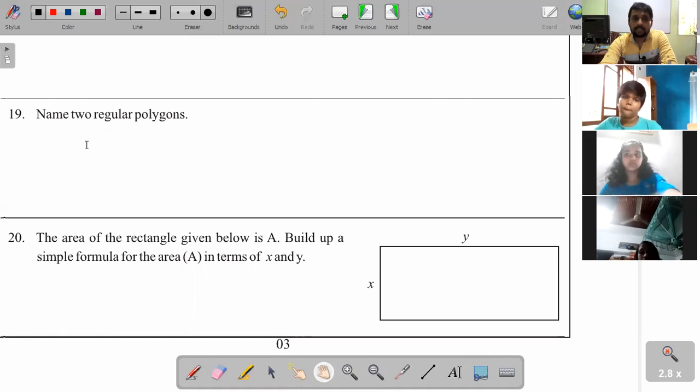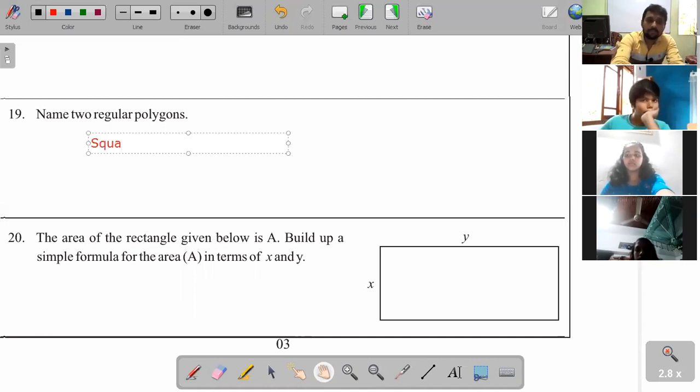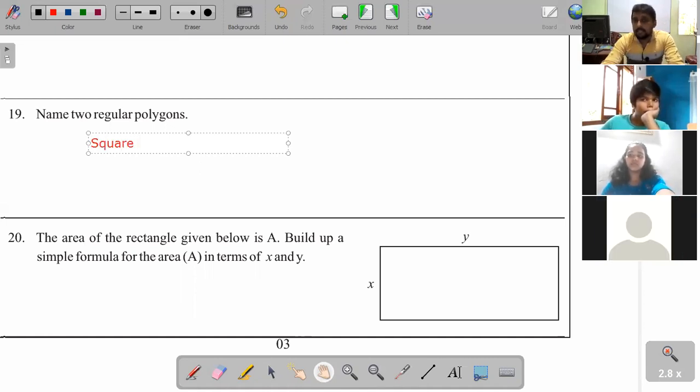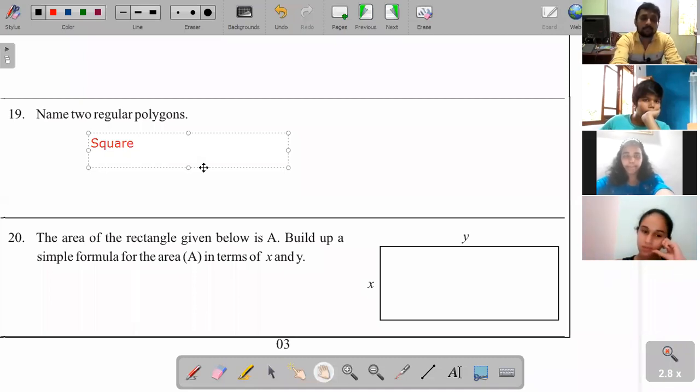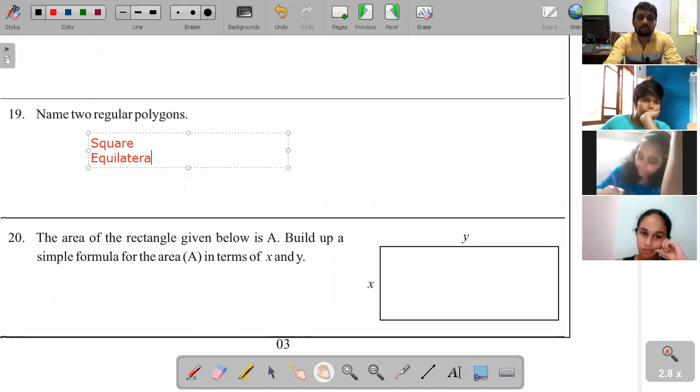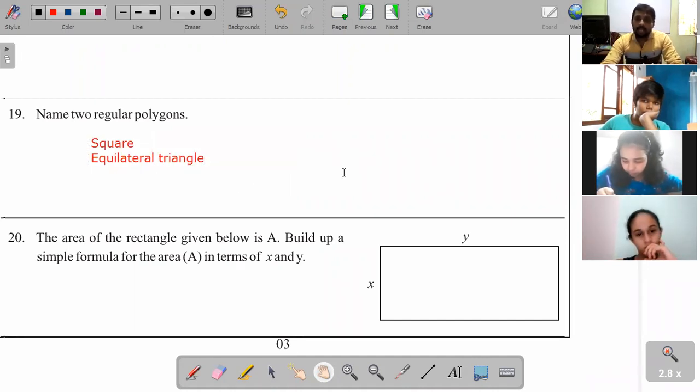Regular means what? Do you remember? All sides and interior angles are equal. Right? Another regular polygon, equilateral triangle.